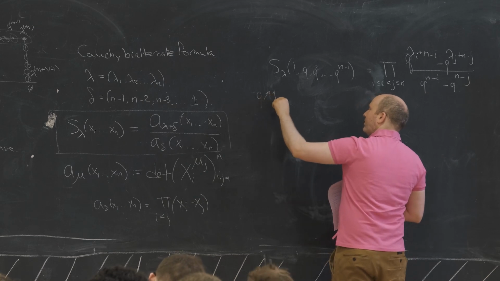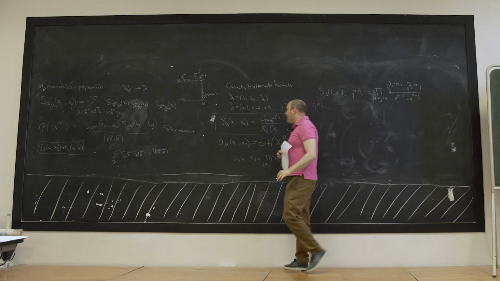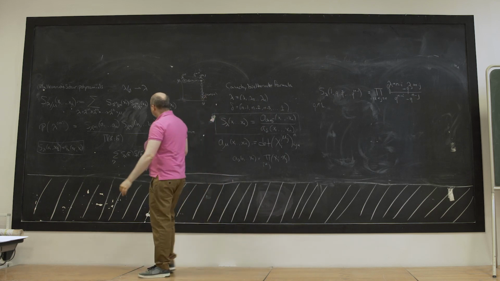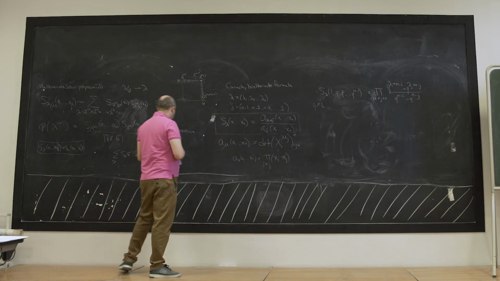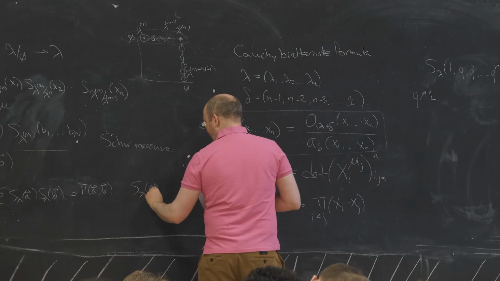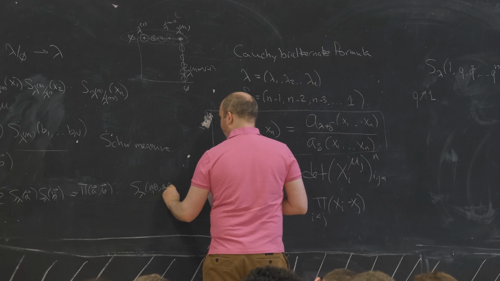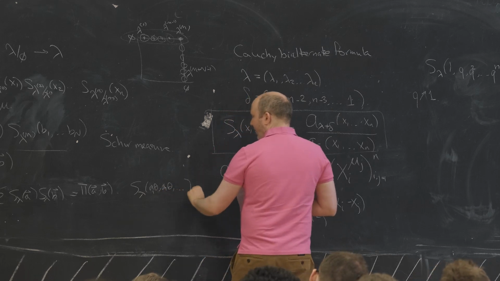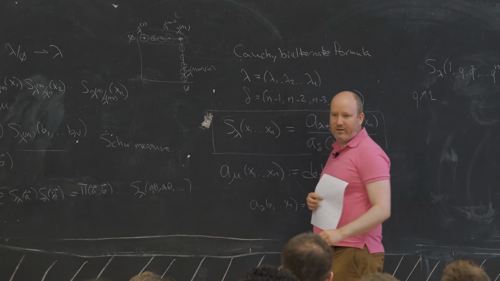Oh, I should make a note, maybe it's not entirely obvious, but these s lambdas are homogeneous. So if I have s lambda in a parameter, let's say theta, so theta times a1, theta times a2, and so on and so forth, I can factor out the theta.